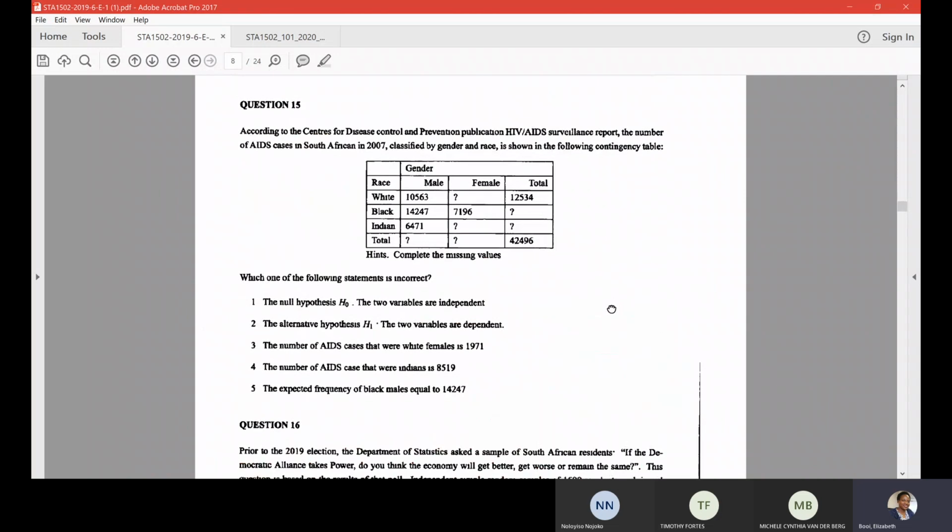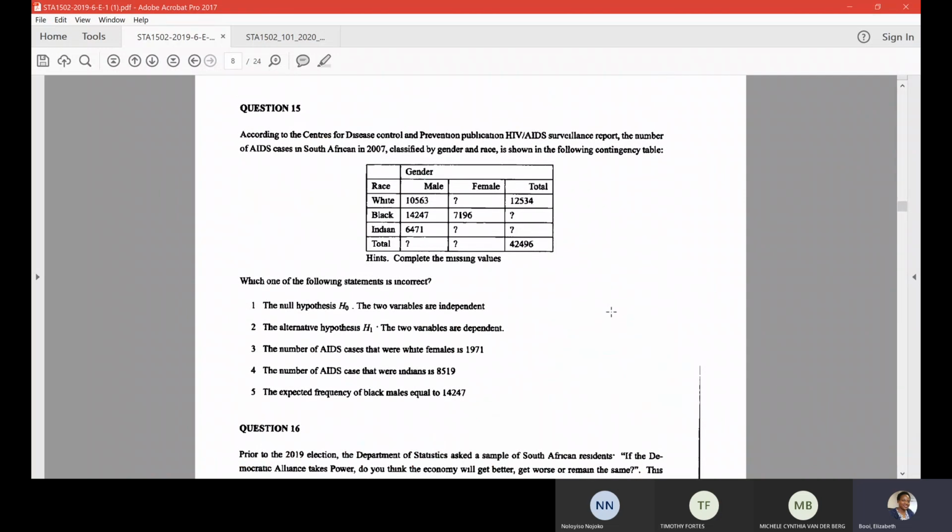I think we also did this one in class, but I'm not sure. We can just do it. Here they give you the contingency table with missing information. I'm not going to ask you to go through all the missing information, because we also did some of this in detail in class. We completed the table and then answered the questions because we had enough time.